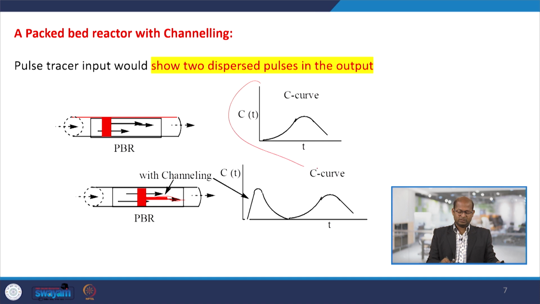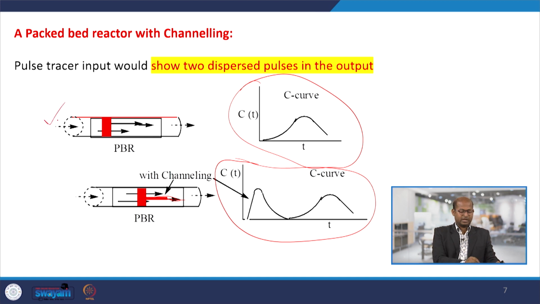It is called the C curve. You have already studied C curves. If we have designed a perfect packed bed reactor, then the concentration of the reactant Ca would be zero initially, then go to a maximum and then decrease, and all the molecules leave the reactor at different times.